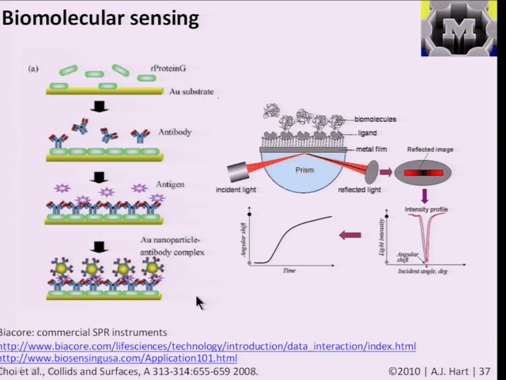And this is facilitated by, for example, taking a piece of gold or a slide with a gold film on it and modifying it so it has, say, biomolecular receptors to a certain antigen or a certain molecule that's of interest. And one of the biggest applications of this is detection of markers for prostate cancer, what's called prostate-specific antigen or PSA.